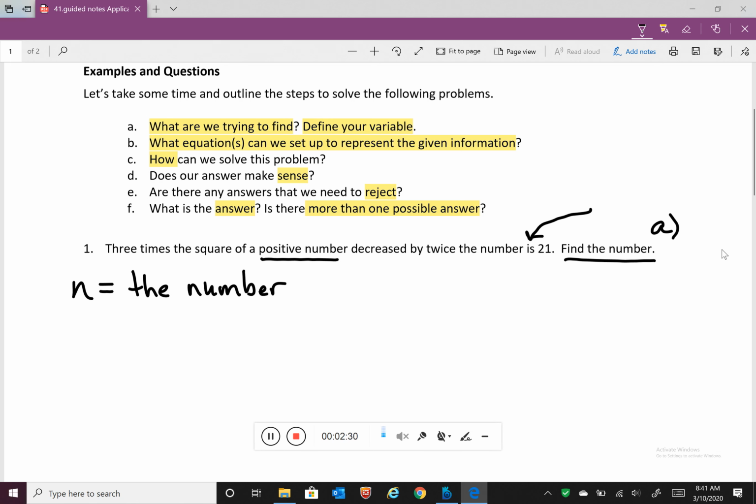And what do we know about this number? Well, take this slowly, we know that 3 times the square of this positive number.